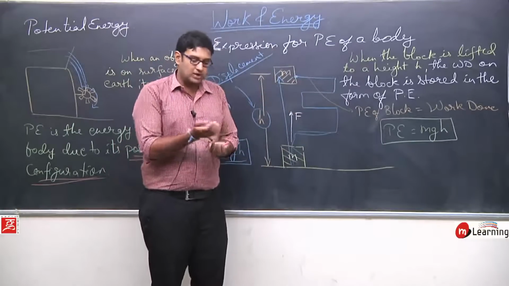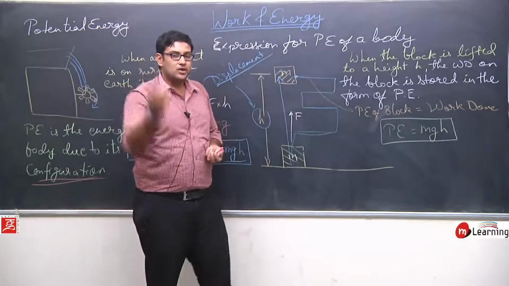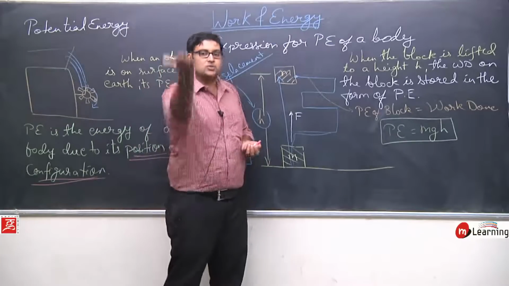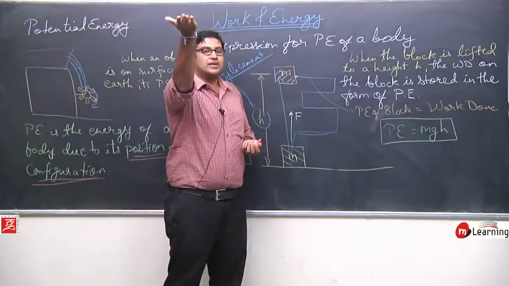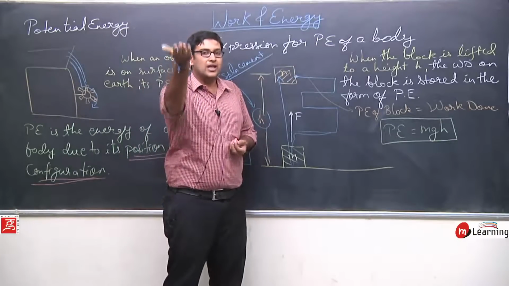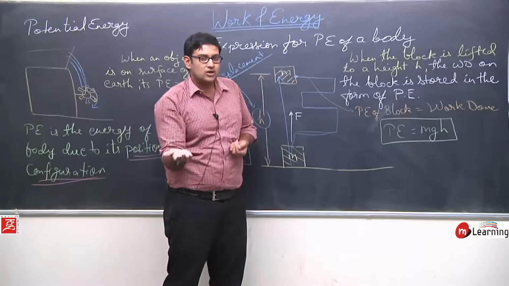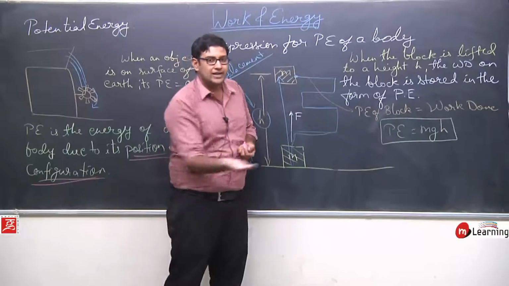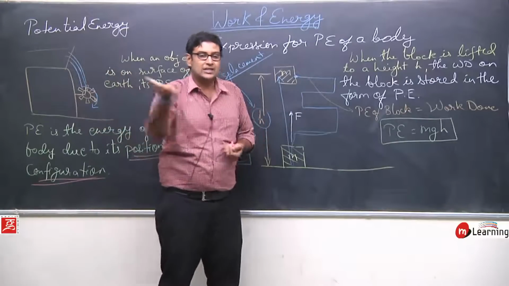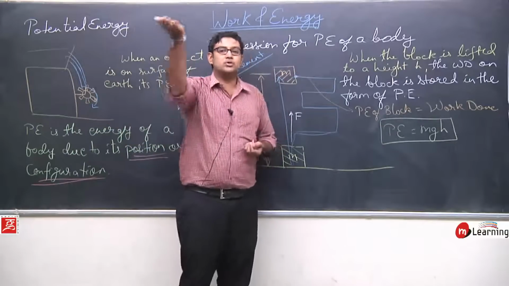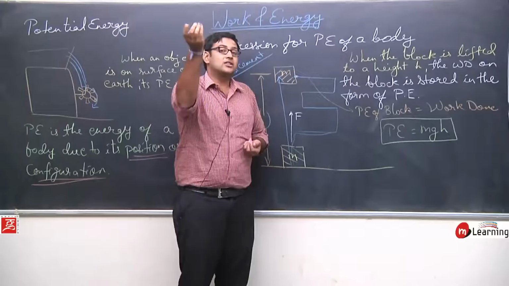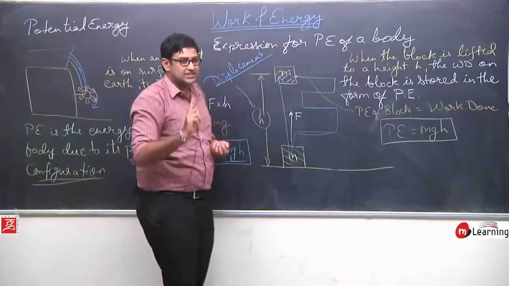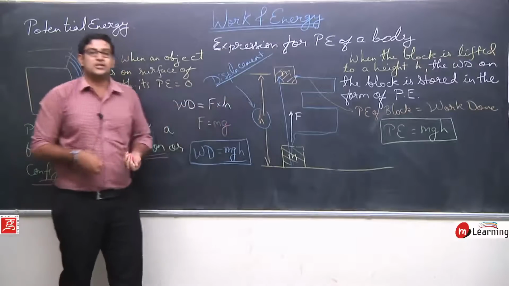Okay, so it means this is a chalk. If I move this chalk from this position to this position, the work done will be some finite value. And if I move this chalk to the same position but moving it like this, if I move it like this and from some random path I come to this position, I will say the work done is not going to change because it is the displacement.